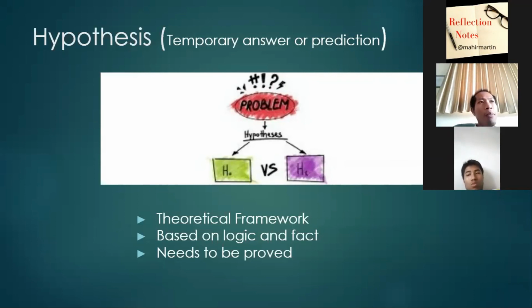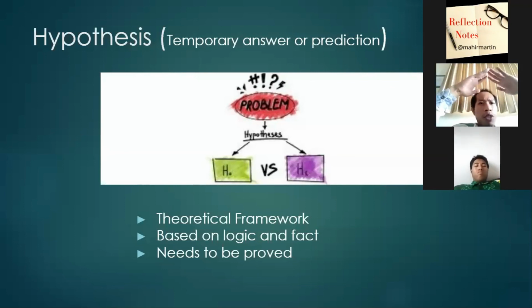Before stating my hypothesis, I have to research what is already known about corrosion up to now, what the world knows about corrosion, and about the water itself. So the theoretical framework must be done first before you state the hypothesis.